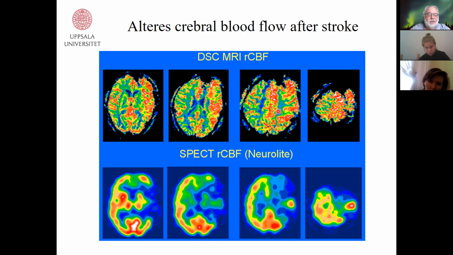Here is an alternative approach for measurement of regional blood flow, Doppler MRI, which also shows the area with diminished blood flow. But they are not completely equivalent to each other.